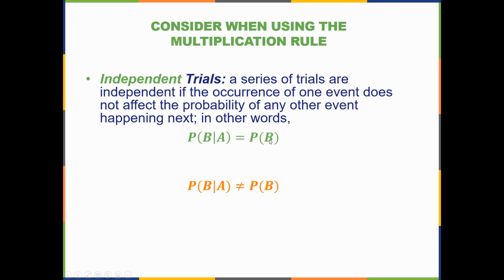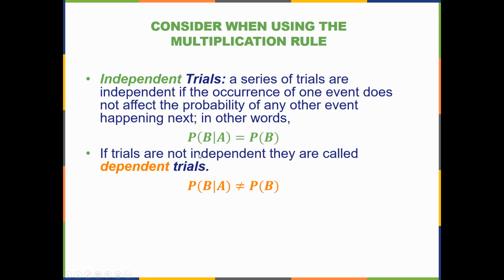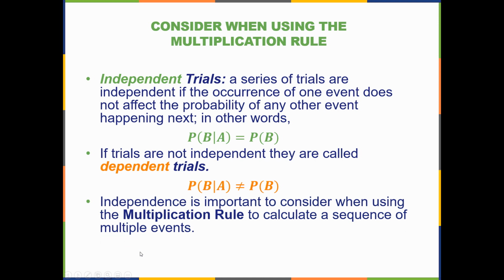If it does, we say that they are independent. If it doesn't, if the trials are not independent, they are called dependent trials. And what will happen then is that the probability of B under the assumption that A has happened will be different than the usual probability of B without A having happened first. So then they're dependent if that probability is different.